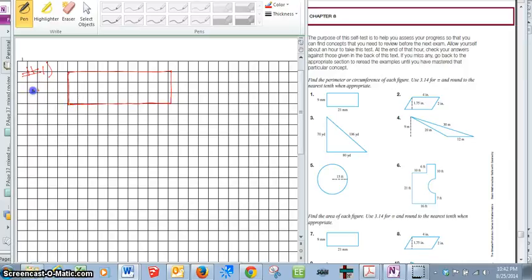We're going to copy the labels that are in exercise number 1. We're going to find the perimeter or circumference. Remember that perimeter is the sum of the sides: side 1 plus side 2 plus side 3 plus side 4.